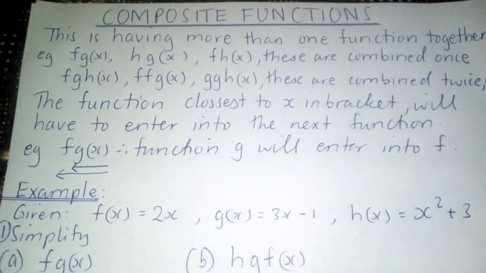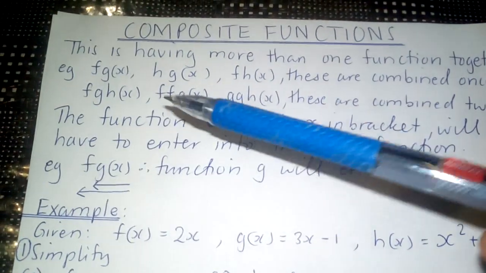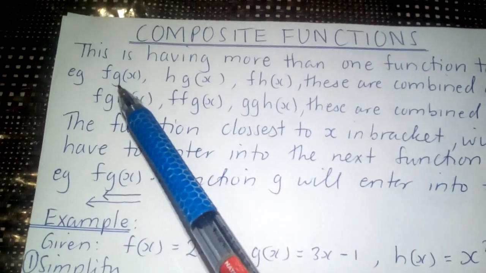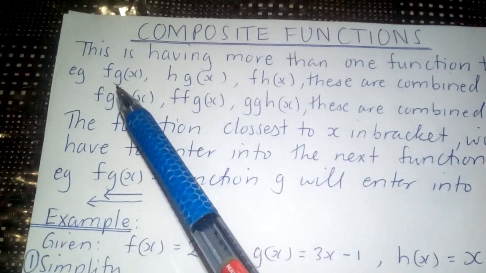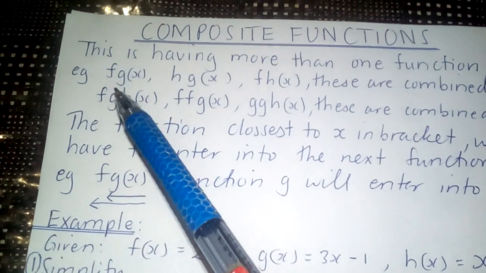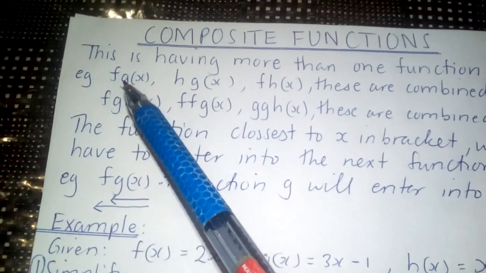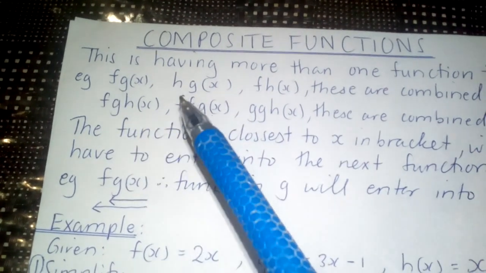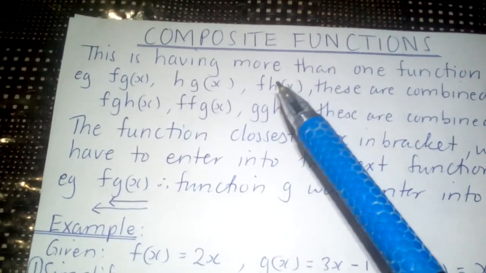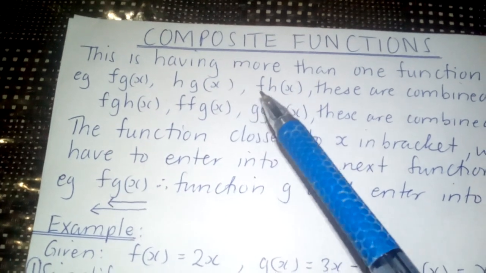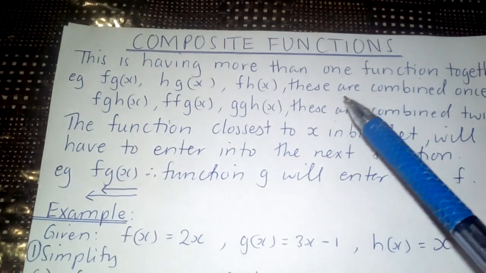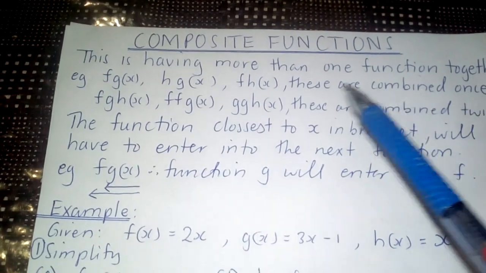Now, if you see here, we have function f and we have function g, both of them together. So when you have two functions together like this, these are composite functions, and remember, this is just one combination.